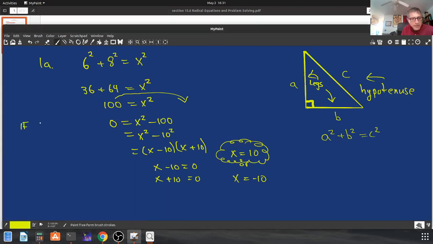If c is a positive number which is the square root of b squared, then we have, I misspoke here.